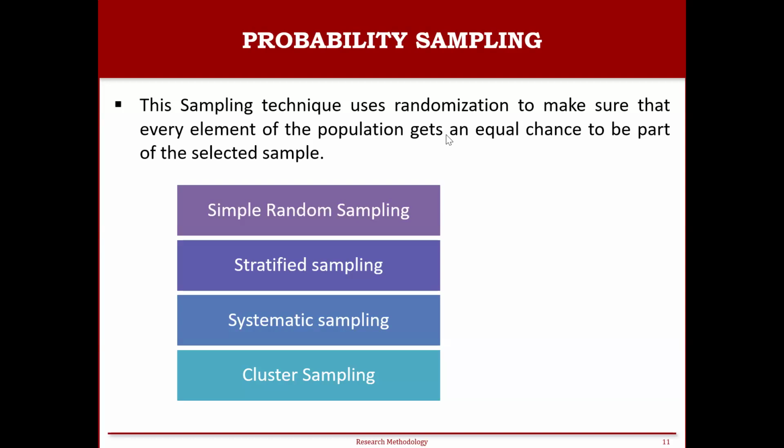Under simple random sampling, every individual in the population has an equal chance of being selected. It is like drawing a name from a hat.